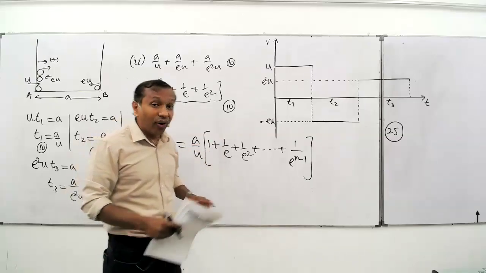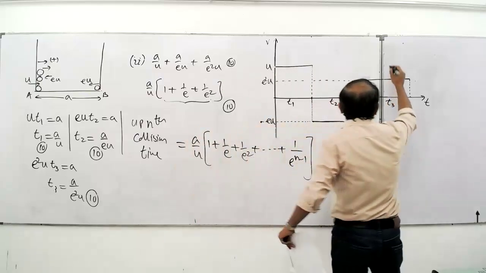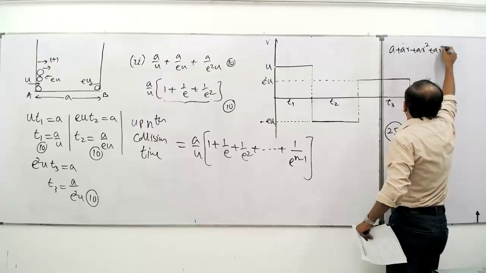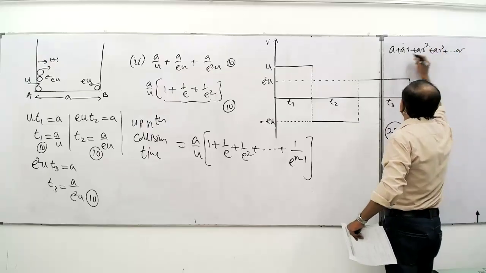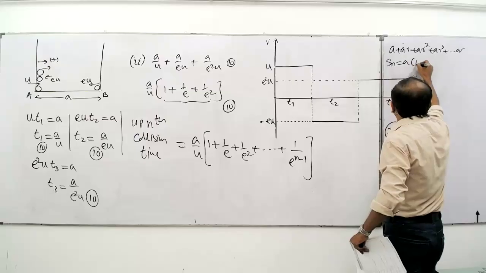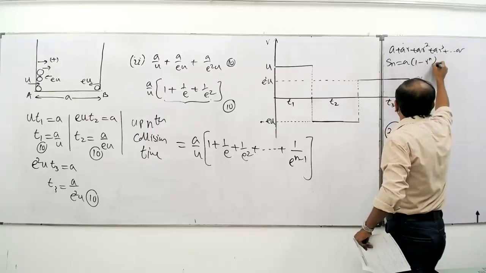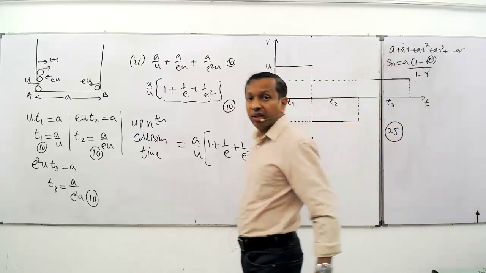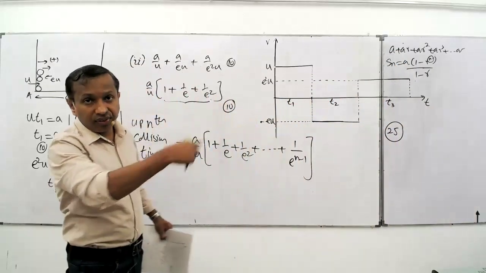You know, in O/L we learn a plus ar, ar squared, ar cubed, and so on. The sum is given by a times 1 minus r to the power n divided by 1 minus r, with the same number of terms in the progression.